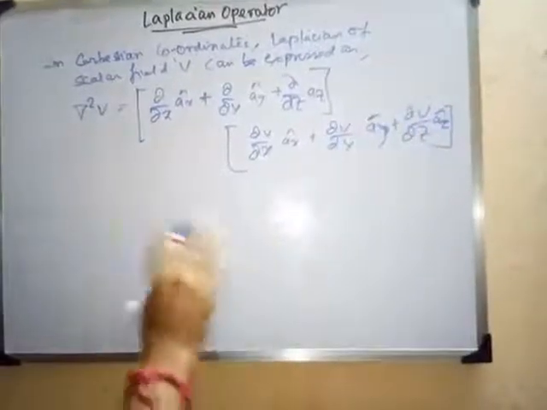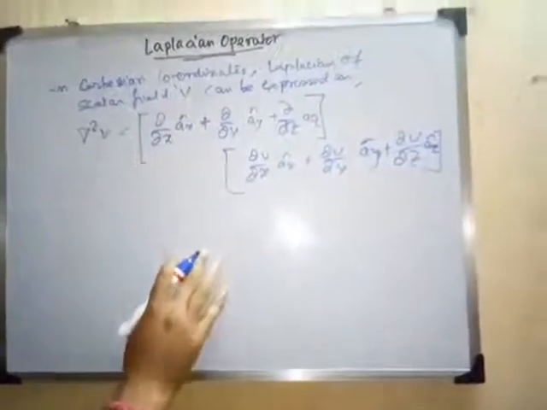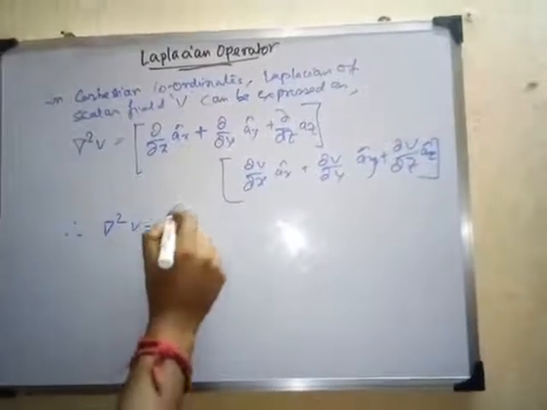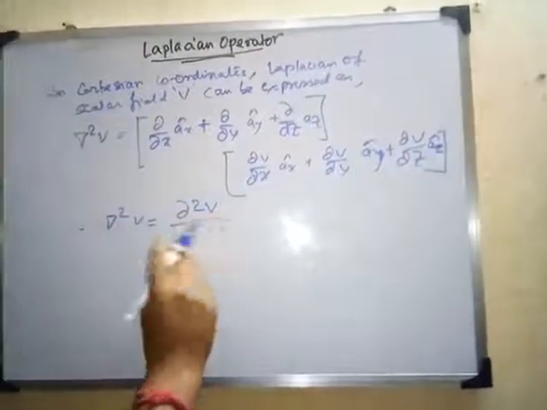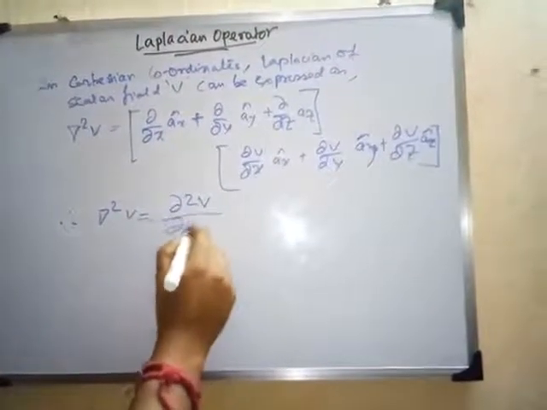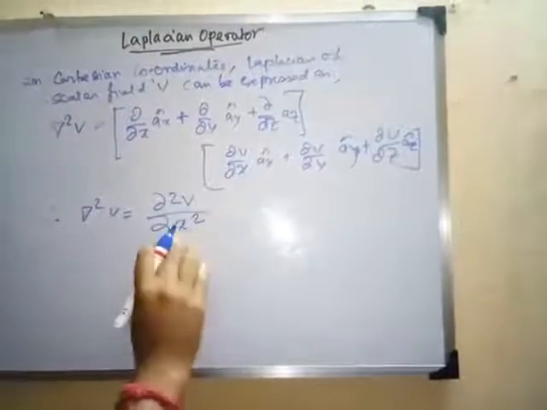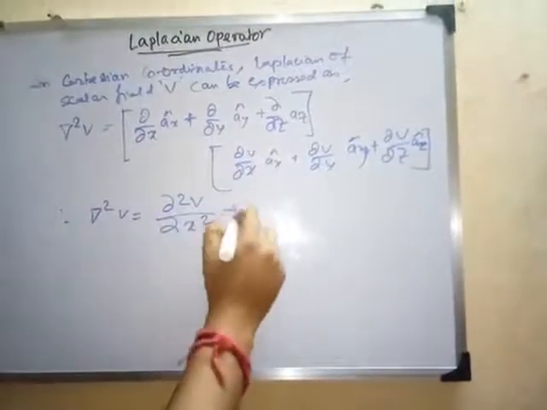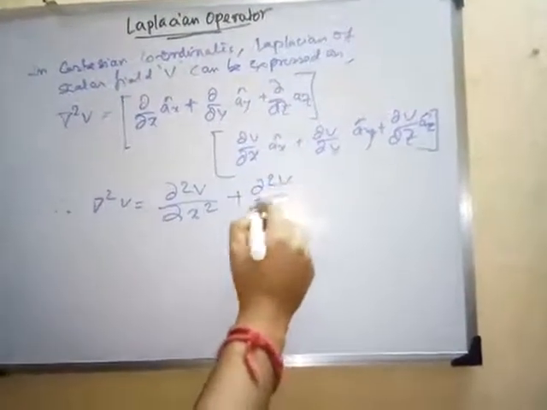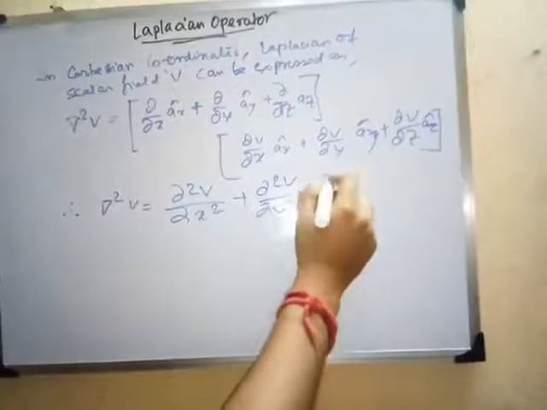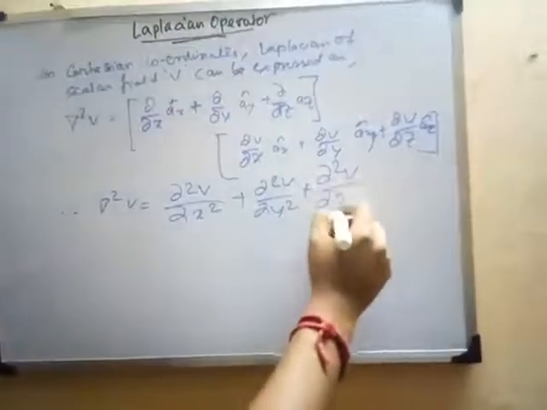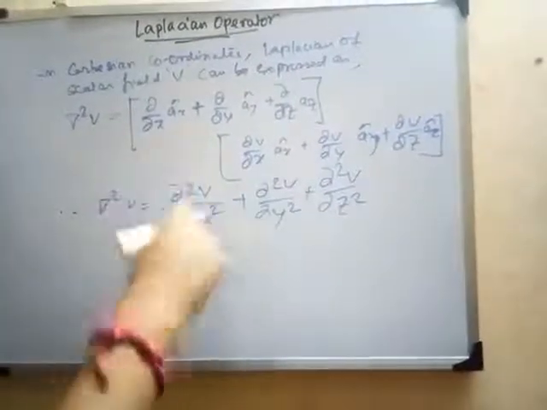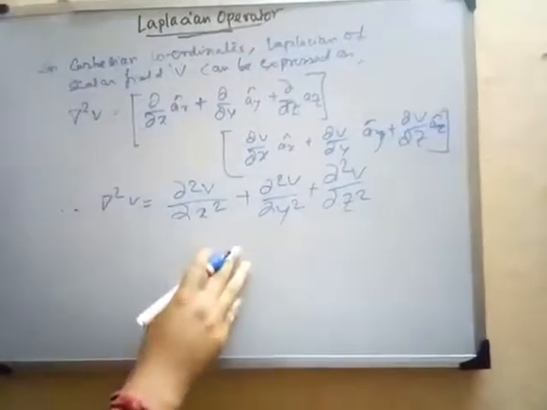This will be the representation of del square V. From here we can write del square V equals del 2V/del x2 plus del 2V/del y2 plus del 2V/del z2. So this will be the representation of the Laplacian operator in the Cartesian system.